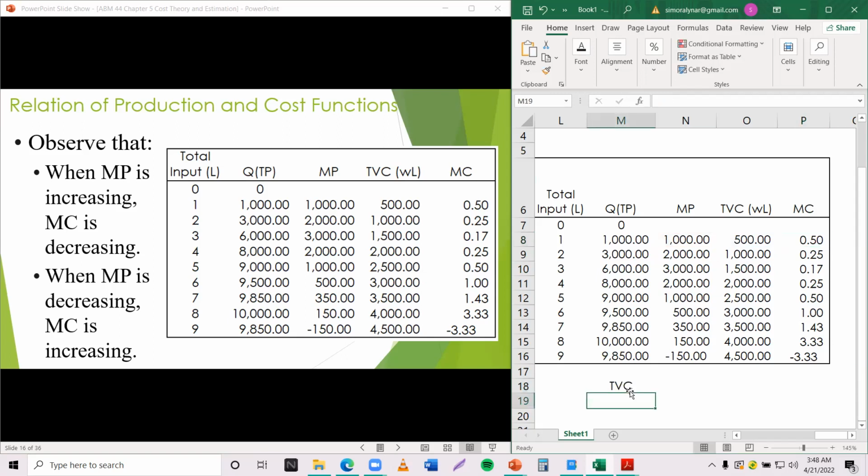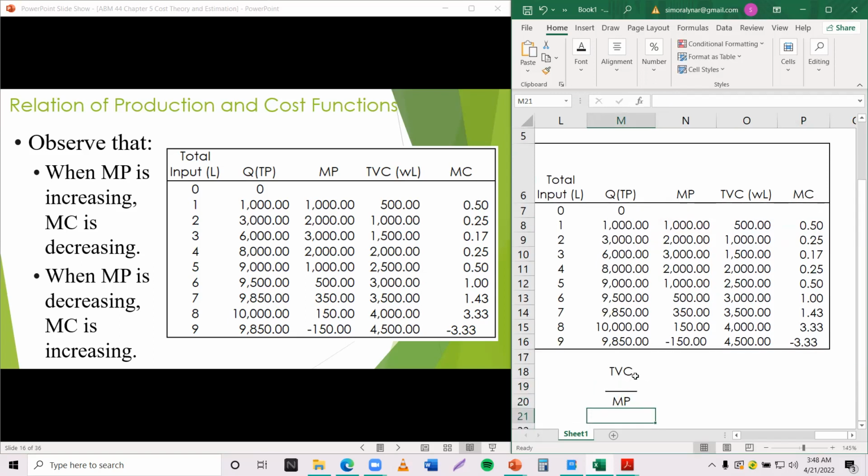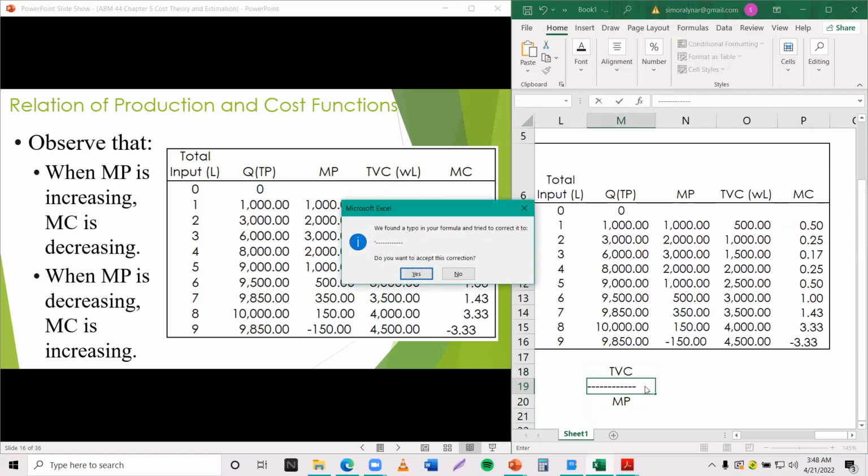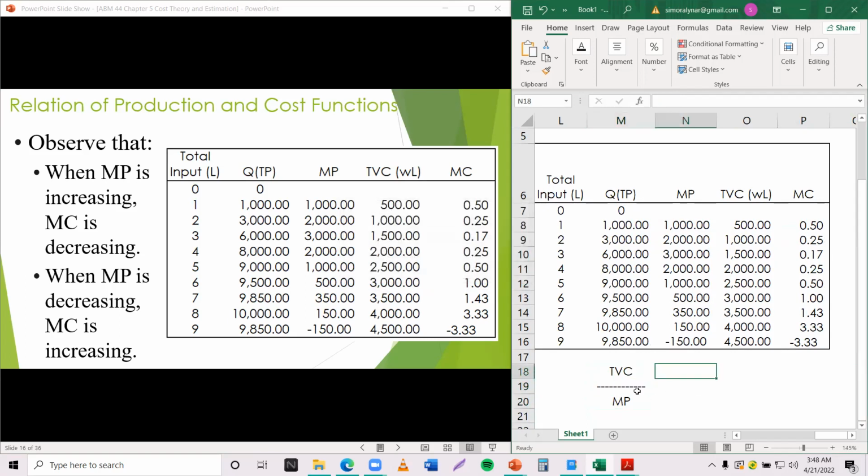TVC over MP is equal to MC. That's how to get marginal cost: you just divide total variable cost by the marginal product.